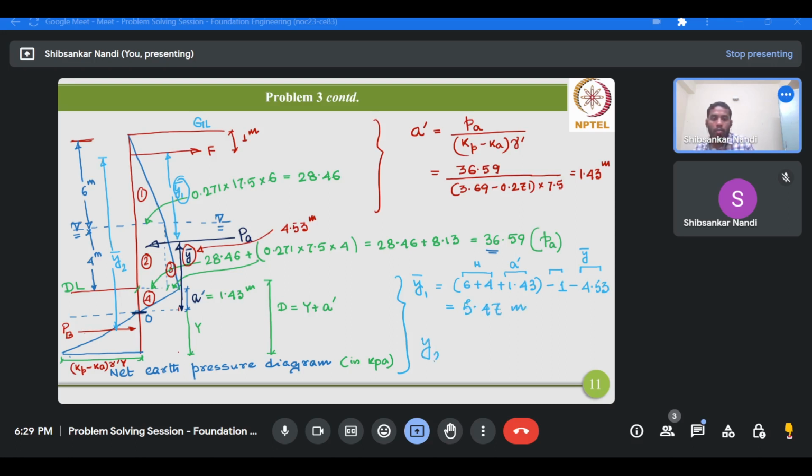And Y2 bar will be simply 6 plus 4 plus d minus 1. So this is the total height plus the embedment depth minus the location of anchor, minus its CG from the base, which is one third y.